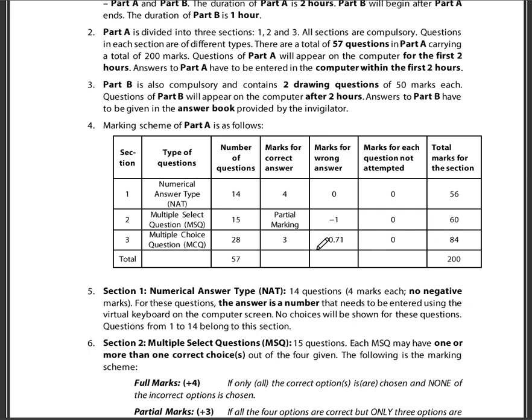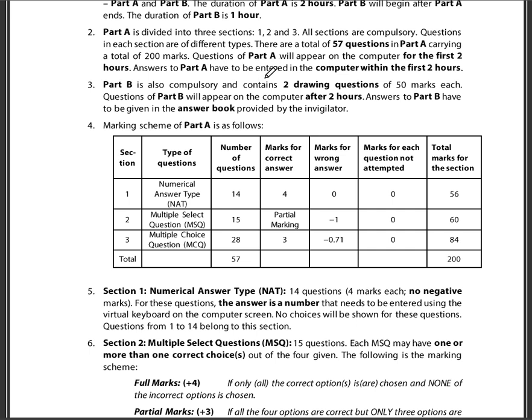So it also has negative marking. The total marks of the section is 84. What is MCQ? In this type of question, only one answer will be correct among the four options. In MSQ, option A could be correct, option B and option C, and sometimes all four options can be right. But in MCQ, only one option will be correct.